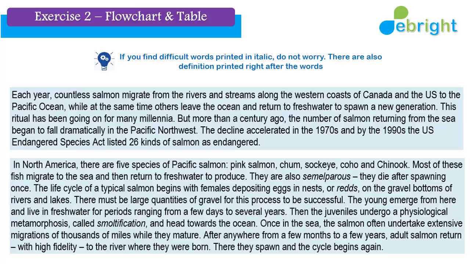Then the juveniles undergo a physiological metamorphosis called smoltification and head towards the ocean. Once in the sea, the salmon often undertake extensive migrations of thousands of miles while they mature. After anywhere from a few months to a few years, adult salmon return with high vitality to the river where they were born. There they spawn and the cycle begins again.